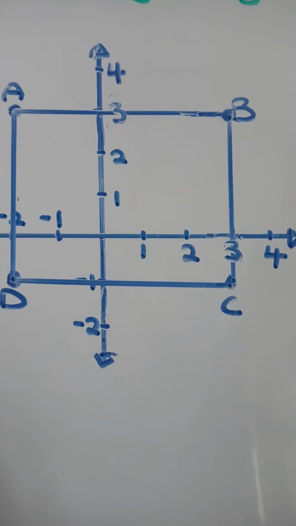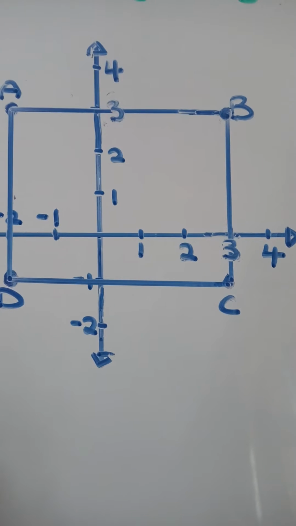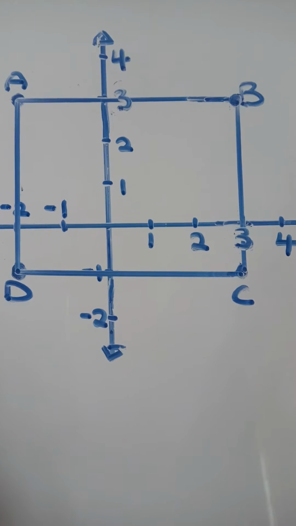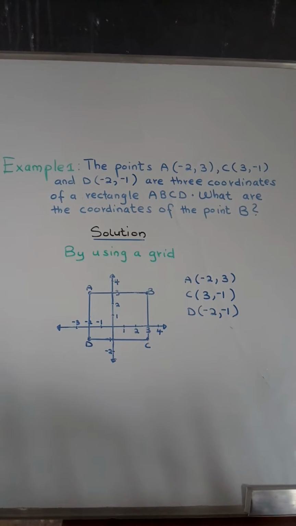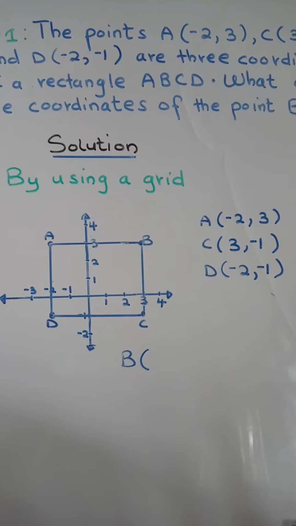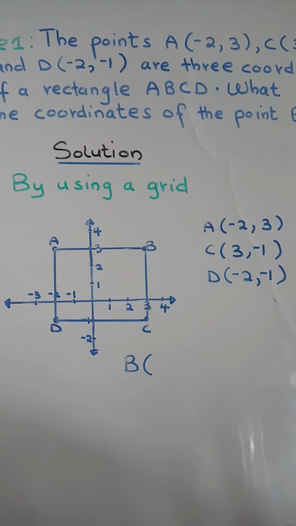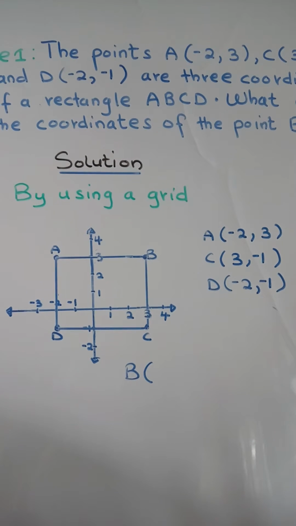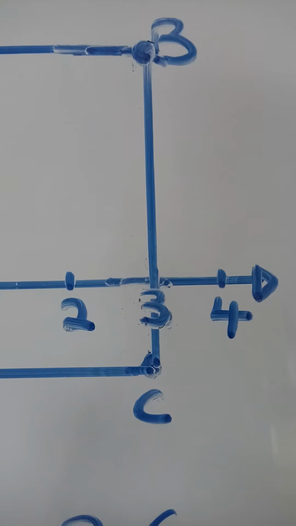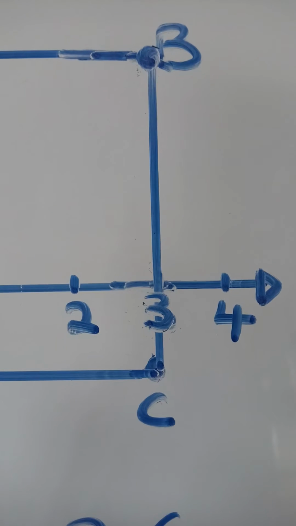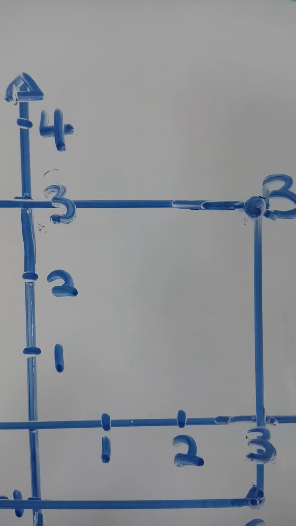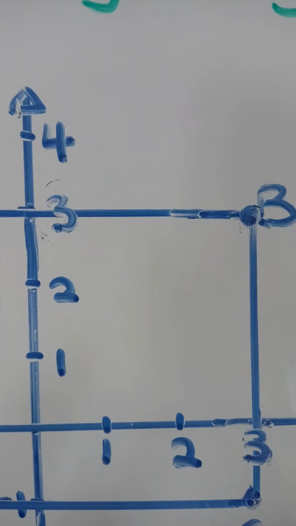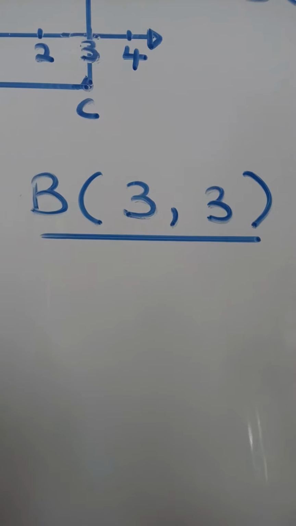This is where point B will be placed. We have to read the coordinates of point B, which are (3, 3).